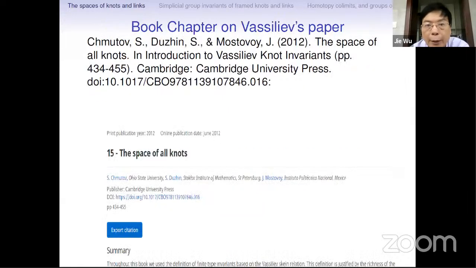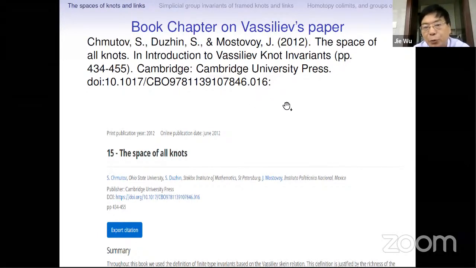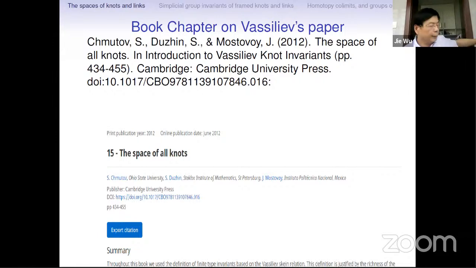Then a lot of people followed up to look further at these Vassiliev invariants. There is a slightly more recent published book about the Vassiliev invariants and how to look at the space of knots.